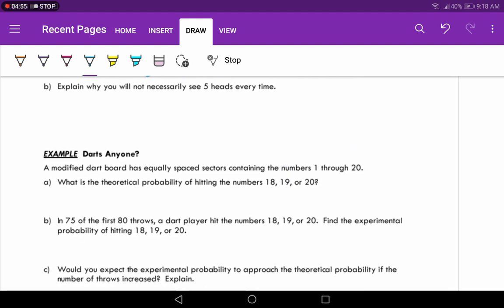Explain why you will not necessarily see 5 heads every time. So the reason for this is because probabilities are like averages. Okay, so that means it's not always going to work, right?